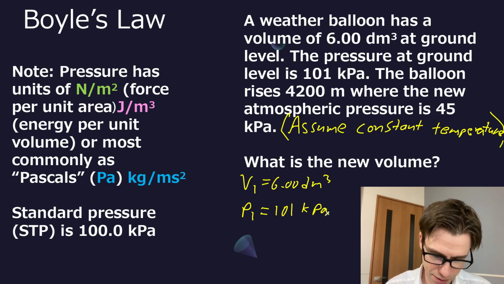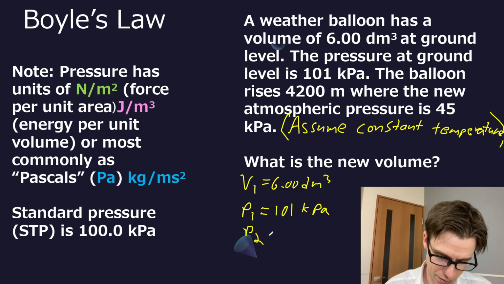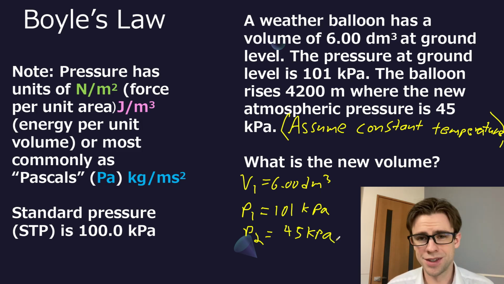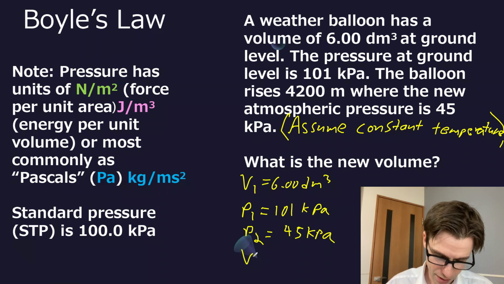We can keep it as that. Then we have P2 after rising, new pressure, 45 kilopascals. It is important that P1 and P2 are in the same units for this equation to work out, because we're going to be using them as a ratio. We need those units to cancel out. What's the new volume, V2? That's what we don't know.